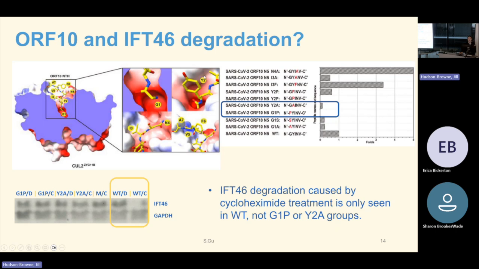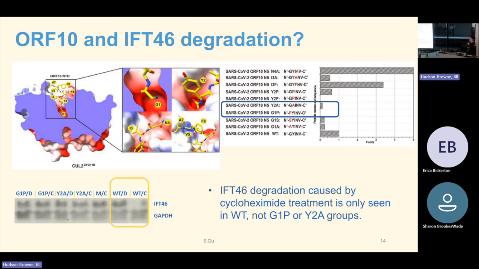The essential binding site of this ORF10 protein is the first and the second amino acid. If we assume the wild type has a binding affinity of 1, a single amino acid change, for example changing the glycine to proline at amino acid position 1 or changing the tyrosine to alanine at amino acid position 2, will nearly abolish its binding affinity.